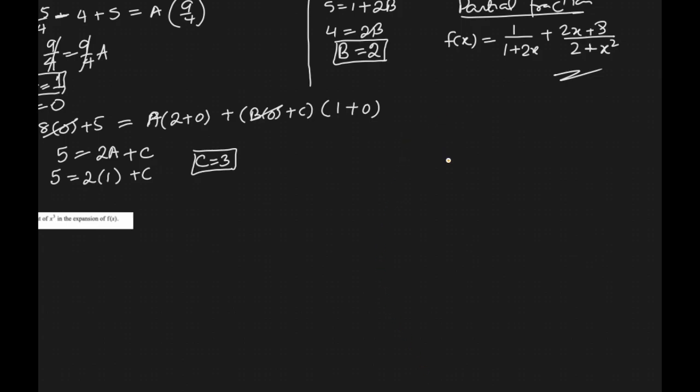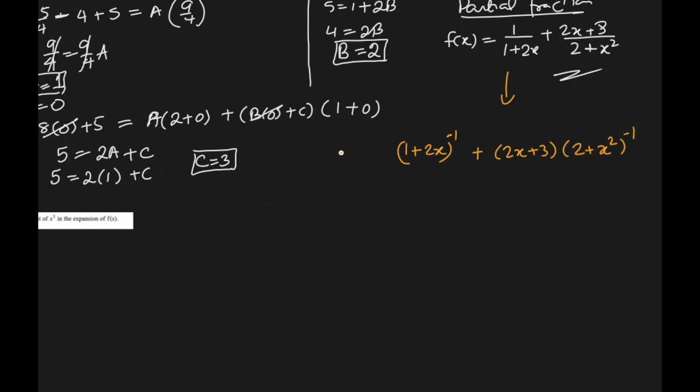Just focus on x cube. So this one, I can write as 1 plus 2x to the power minus 1. Can't I? And the other one will become 2x plus 3 multiplied by 2 plus x square to the power minus 1.